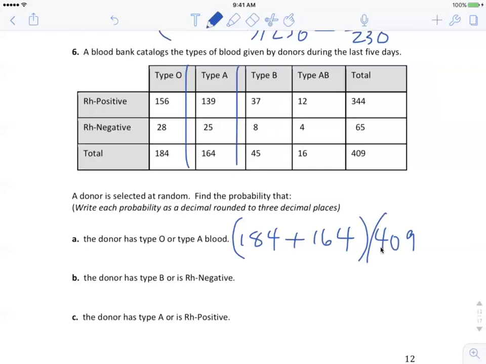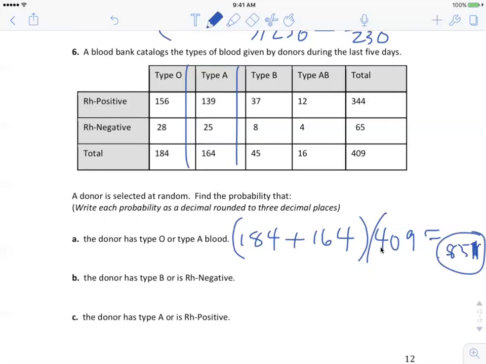And that will be a 0.851. That's a decimal. Getting messy. Okay, I'll clean that up when I rewrite the notes.